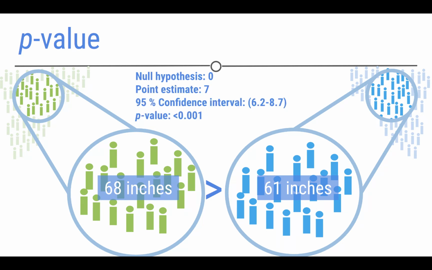The p-value is going to be less than 0.001. So this means the probability of seeing something as extreme or more extreme than what we observed, so a difference of 7 with a confidence interval of 6.2 to 8.7, if there really was no difference, so if really the difference between the two groups was 0, is less than 0.001.